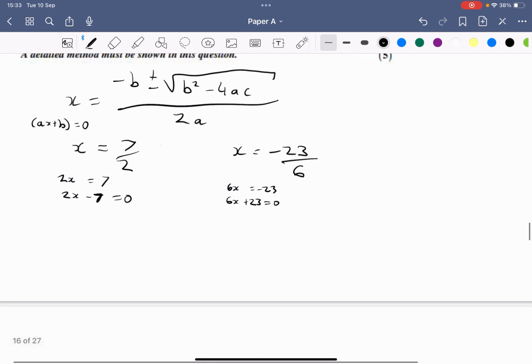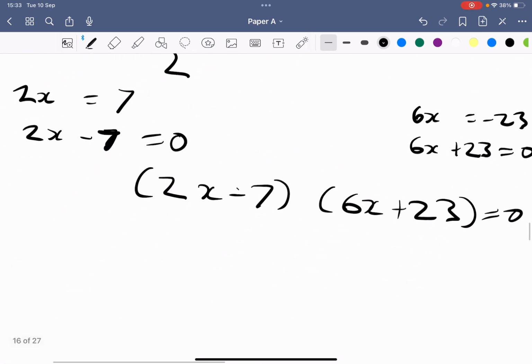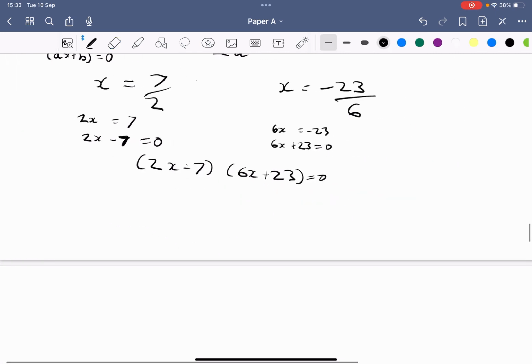And now this should be our two factors. However, you should check just in case, as you may need to, like for example, times this whole thing by 2, or just times one of them by 2 or something.